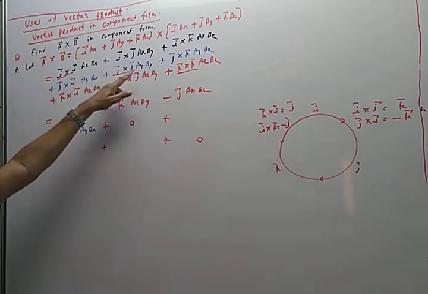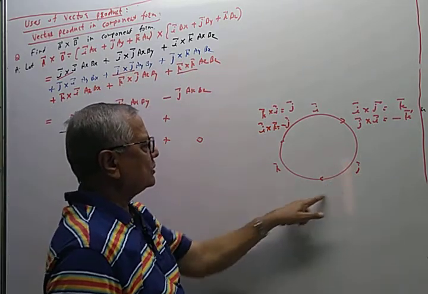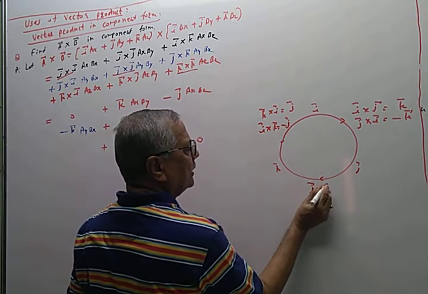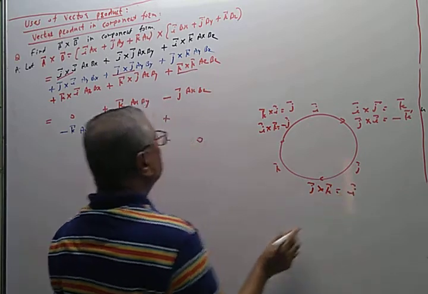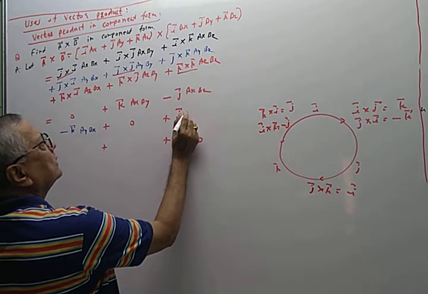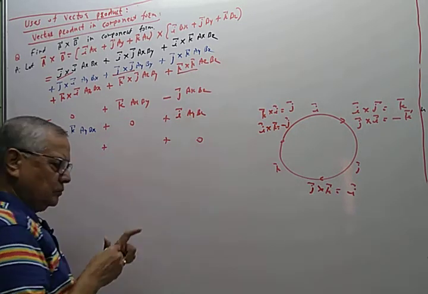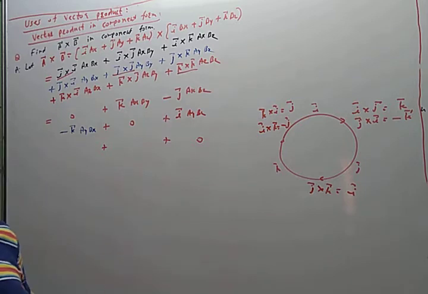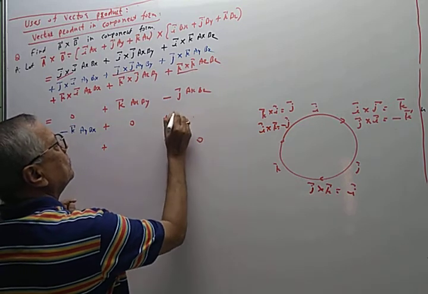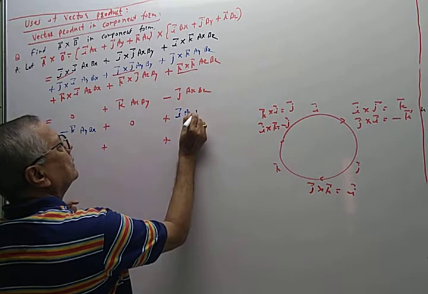Now this middle row, this is 0, j cross k. In the clockwise direction, j cross k is equal to i. So this will be unit vector i times Ay Bz.